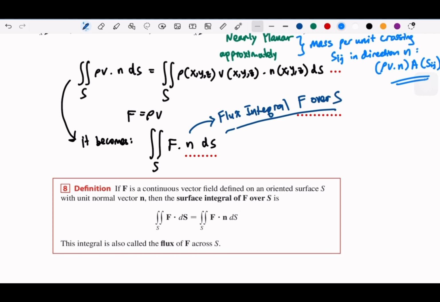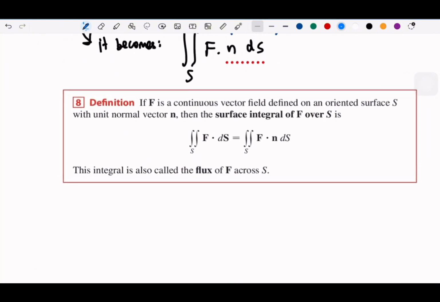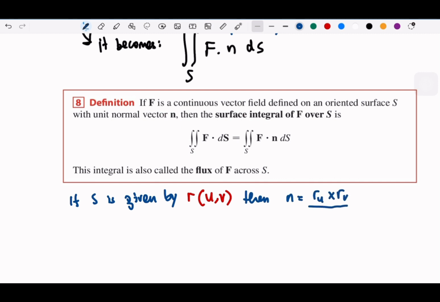And again, from here we could define it differently, for example, if S is given by the vector function r(u,v). Then we can take n as r_u cross r_v, and then divide by the magnitude.